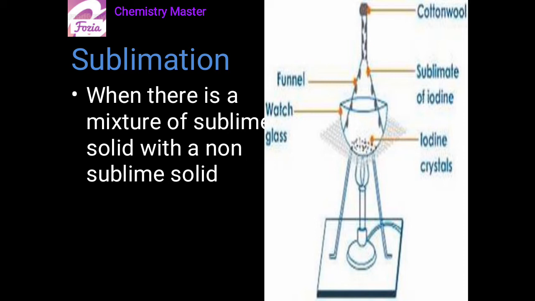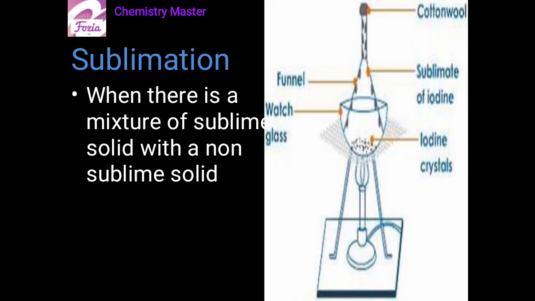These are the solids which produce their vapors on heating without passing through the liquid phase. So we have iodine solid, ammonium chloride, and mothballs contain naphthalene, which is also sublime. So here we have, suppose, a mixture of iodine and sand. Then iodine is a sublime solid and sand is a non-sublime solid.